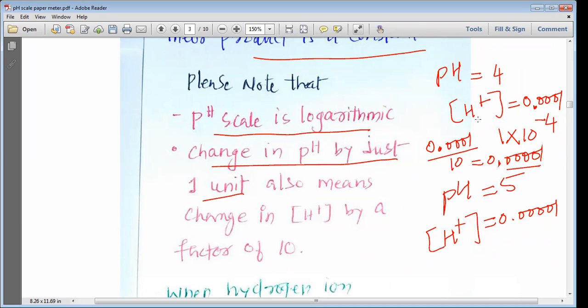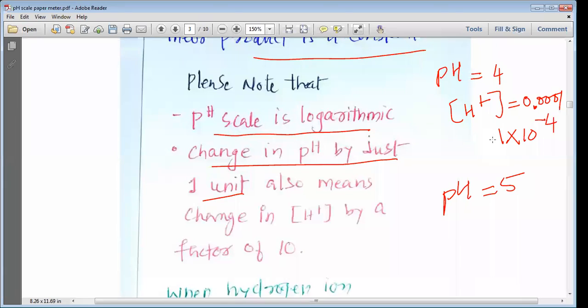So when the concentration is decreased by a factor of 10, please remember, the pH is increased by 1. Once again, when the concentration is decreased by 10, then the pH is increased by 1.